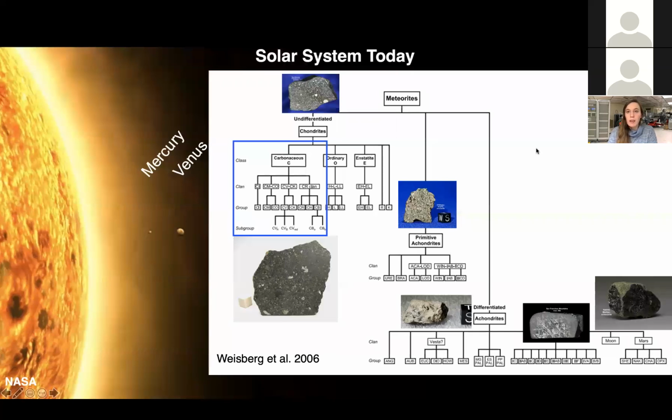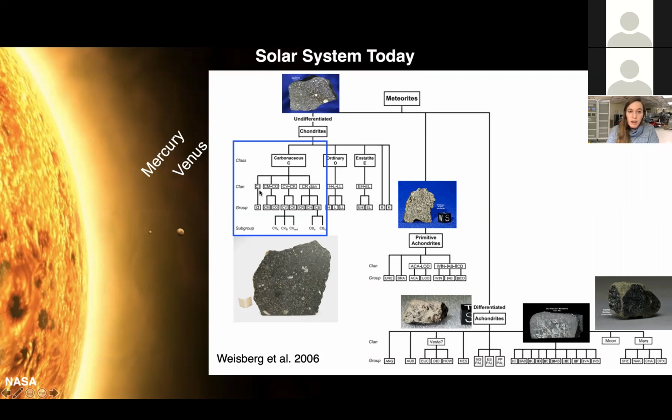And we have a lot of meteorites as evidence for the different kinds of material out in the solar system, even asteroids. But today I'm going to be focusing on carbonaceous chondrites, which are all boxed right here. This is because carbonaceous chondrites have the majority of the CAIs that we can find.